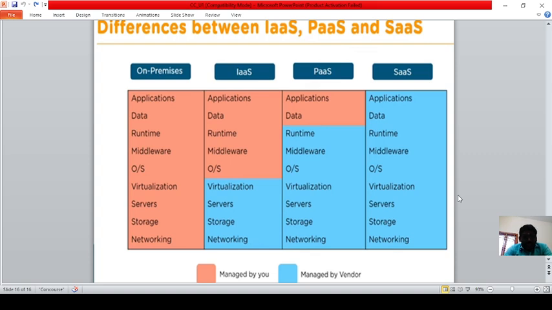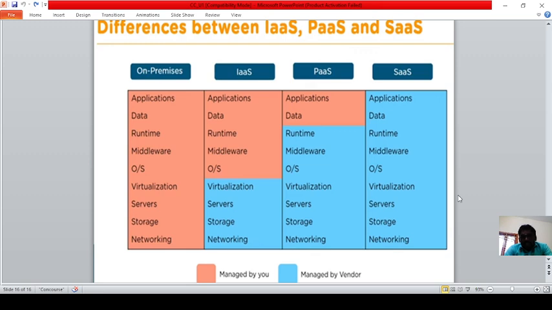These things are very important, and you have to maintain them separately. If you are using the infrastructure service, then applications, data, runtime, middleware, and the operating system are maintained by the cloud consumer. The remaining things, like virtualization, servers, storage, and networking, which are the hardware components, are maintained by the cloud provider.